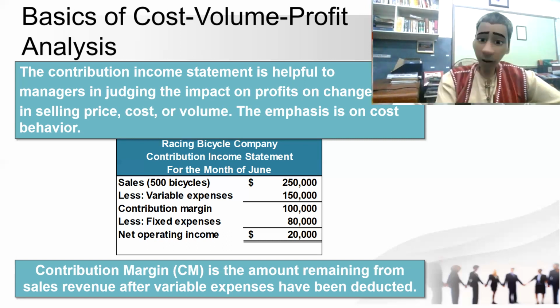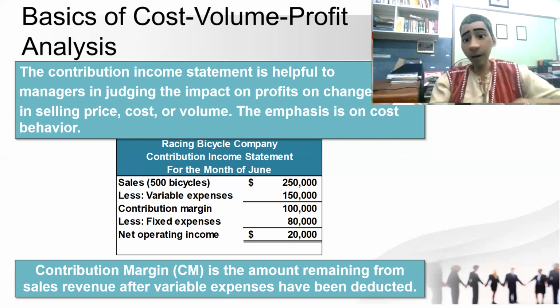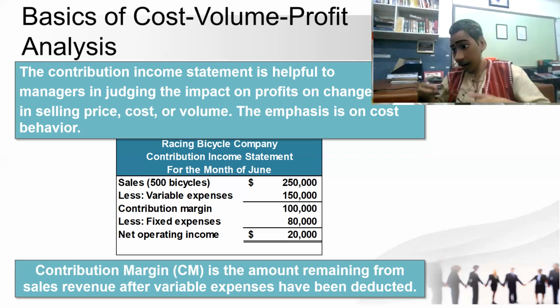So fixed expenses is 80,000. Therefore, we only have 20,000 as our net operating income. So contribution margin is the amount remaining from sales revenue after variable expenses have been deducted. Okay, let us continue.